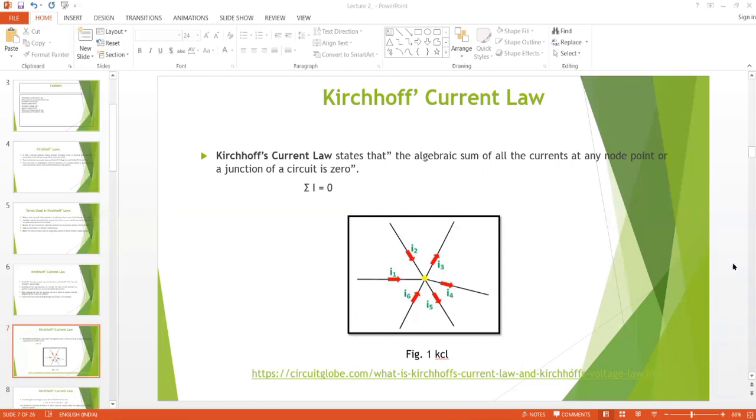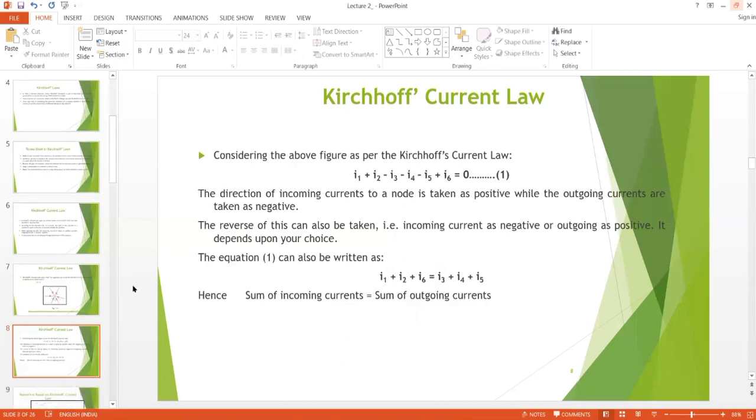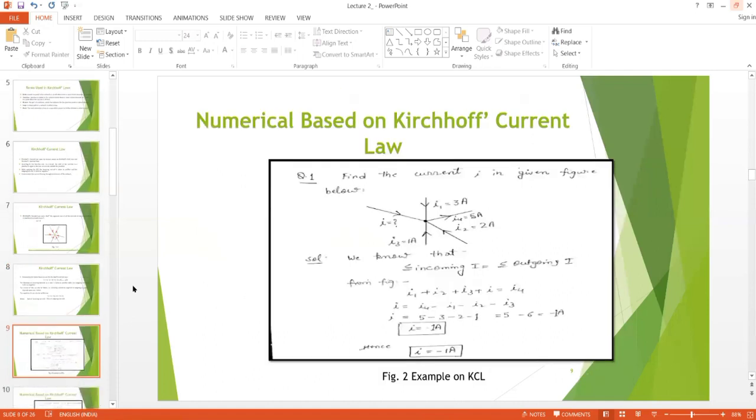So you have to keep incoming current positive and outgoing current negative or vice versa, but it should be the same convention, the same symbols in the whole circuit. So considering the above figure as per Kirchhoff's current law, you can say I1 plus I2 minus I3 minus I4 minus I5 plus I6 and so on. So in short, the sum of incoming current should be equal to the sum of outgoing current.